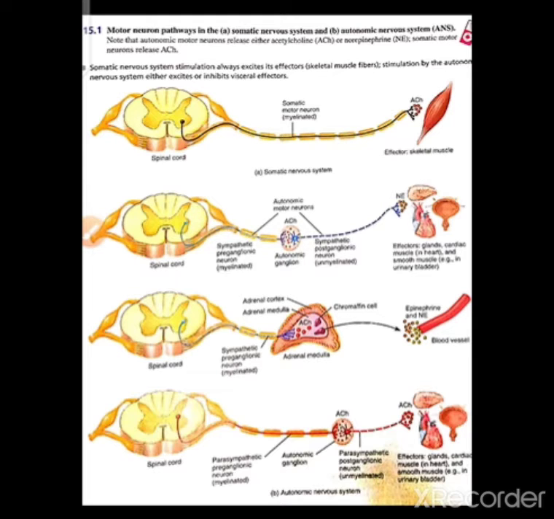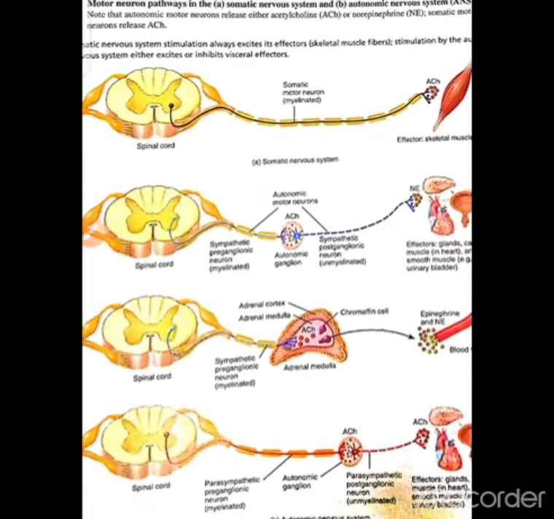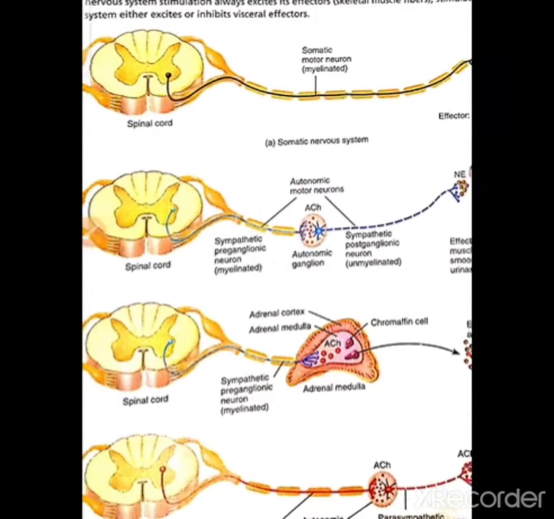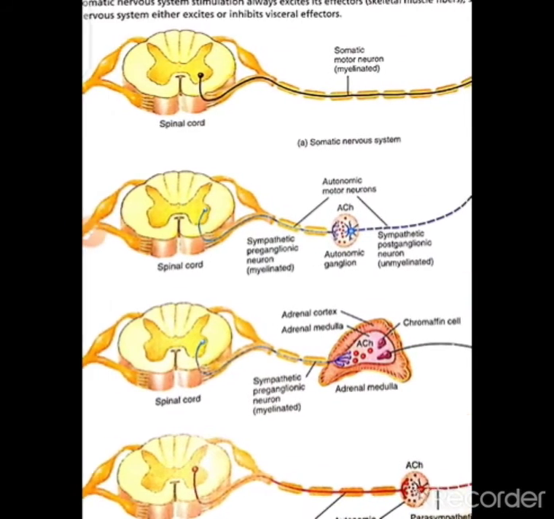So the autonomic nervous system has acetylcholine and norepinephrine, and the somatic nervous system has only acetylcholine, released for an excitatory effect.